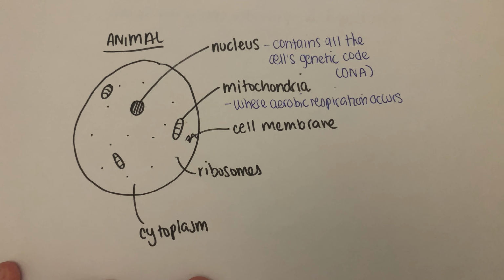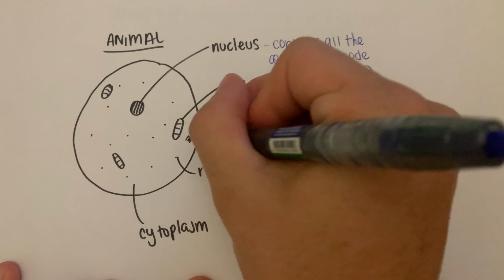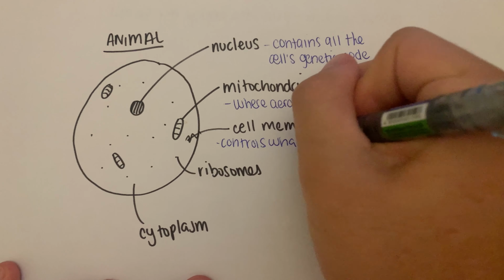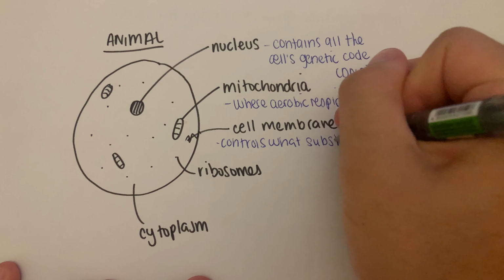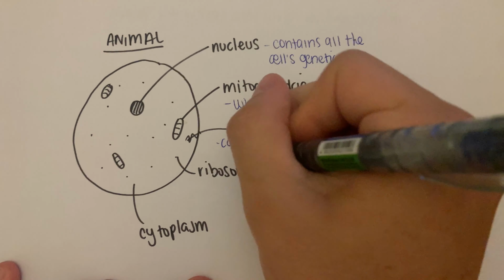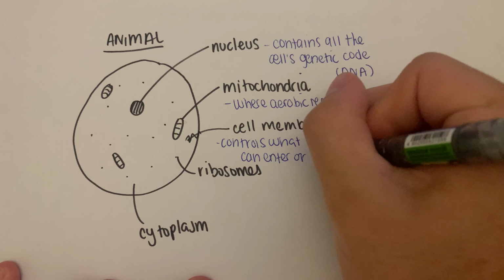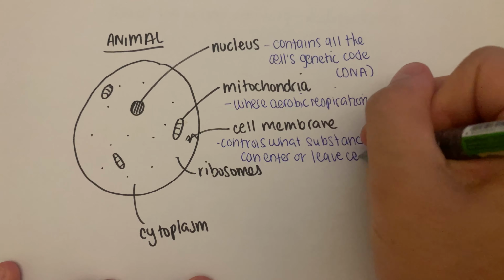And now we have the cell membrane, and this controls what substances can enter or leave the cell.